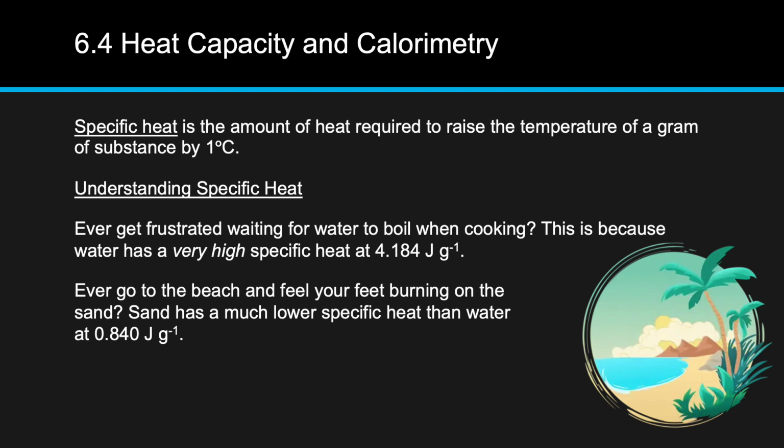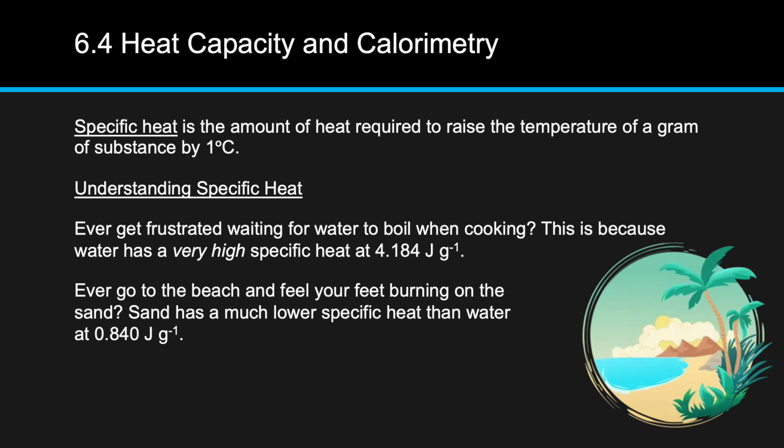So in our calculations of Q equals mcΔT, we have c, which stands for specific heat. Specific heat tells us how much energy is required to raise the temperature of 1 gram of a substance by 1 degree Celsius. Substances with high specific heat require a lot of energy to warm up, while substances with low specific heat heat up quickly with relatively little energy.